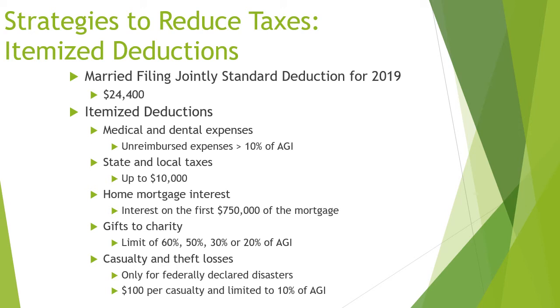We highly recommend donating highly appreciated assets to charity, as it can be beneficial in a few ways. This option allows you to remove these highly appreciated assets out of your portfolio without paying capital gains, and you can benefit from the charitable deduction that it provides.